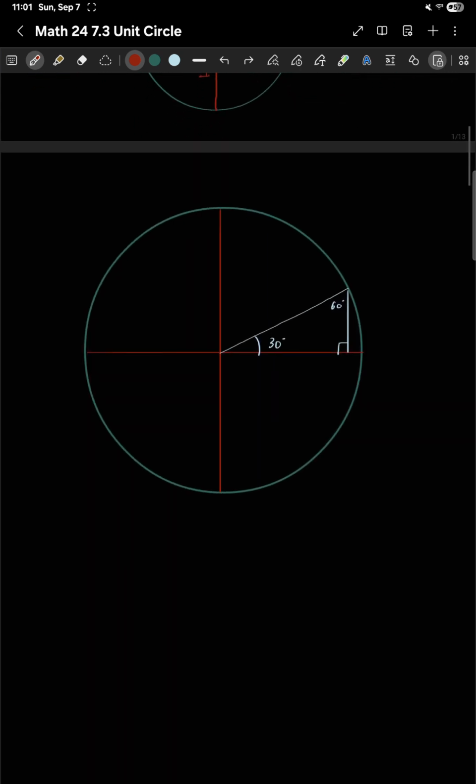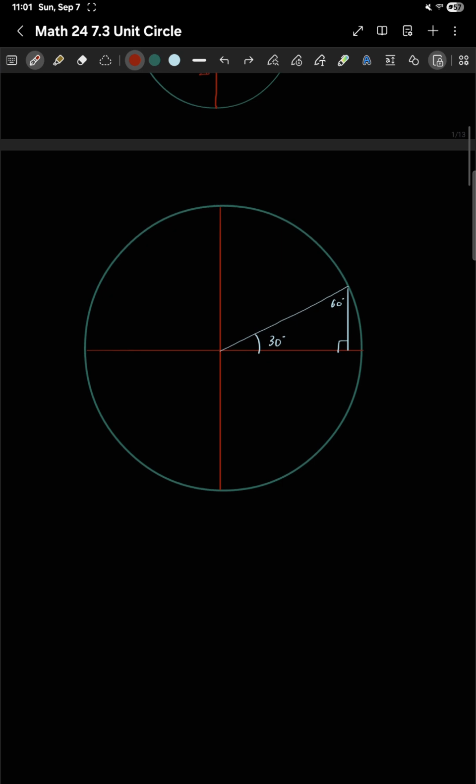So here I've inscribed a 30, 60, 90 triangle inside of the unit circle. Because we already know that sine of 30 degrees is equal to 1/2, what is that telling us? Well, sine of 30 degrees is equal to the opposite over the hypotenuse.